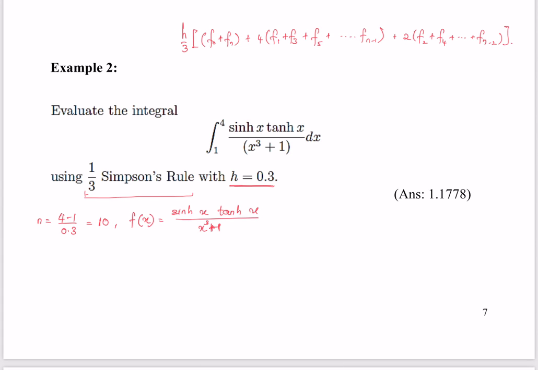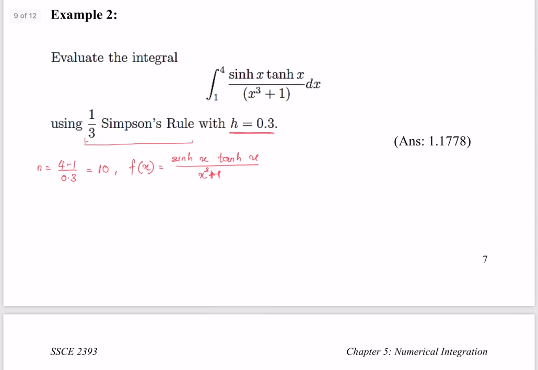And therefore, to be systematic, what we can do is build a table. Now we have the i column. We start from 0, 1, 2, 3, 4 up to 10, because we need 10 subintervals. And then we have x_i.